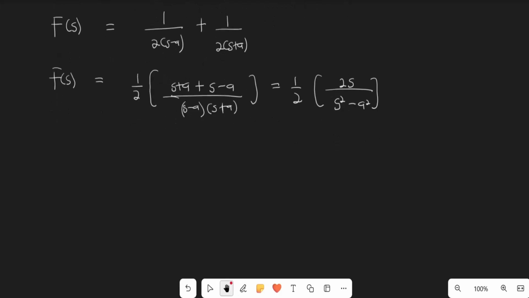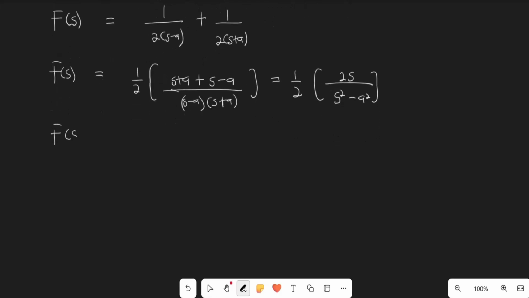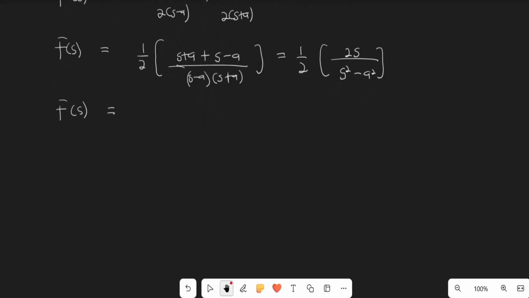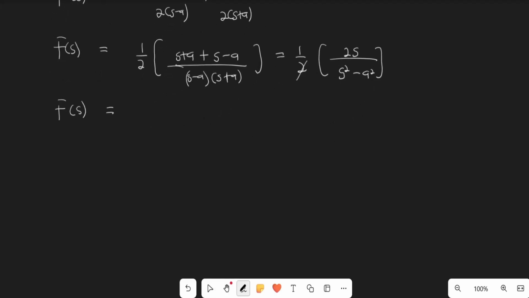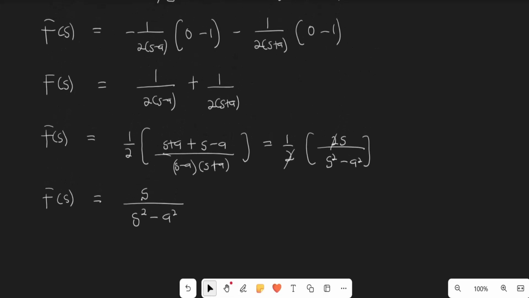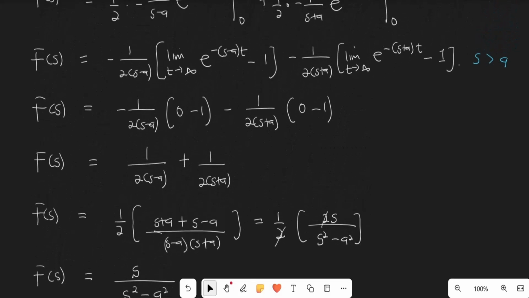Cool stuff. So f of s, the Laplace transform of the cosine hyperbolic of t, this is going to cancel this one, and now what is left is s divided by s squared minus a squared, and this one is the Laplace transform of the cosine hyperbolic of at.